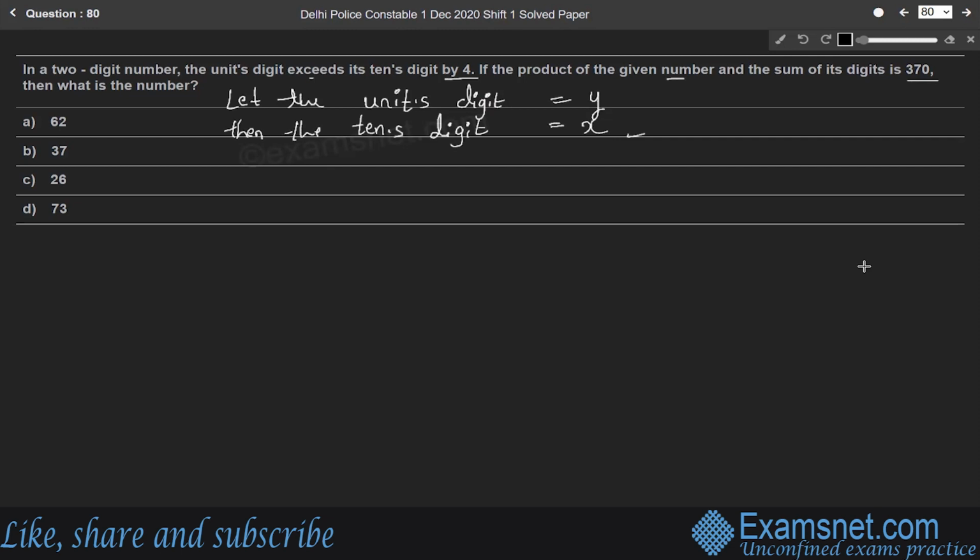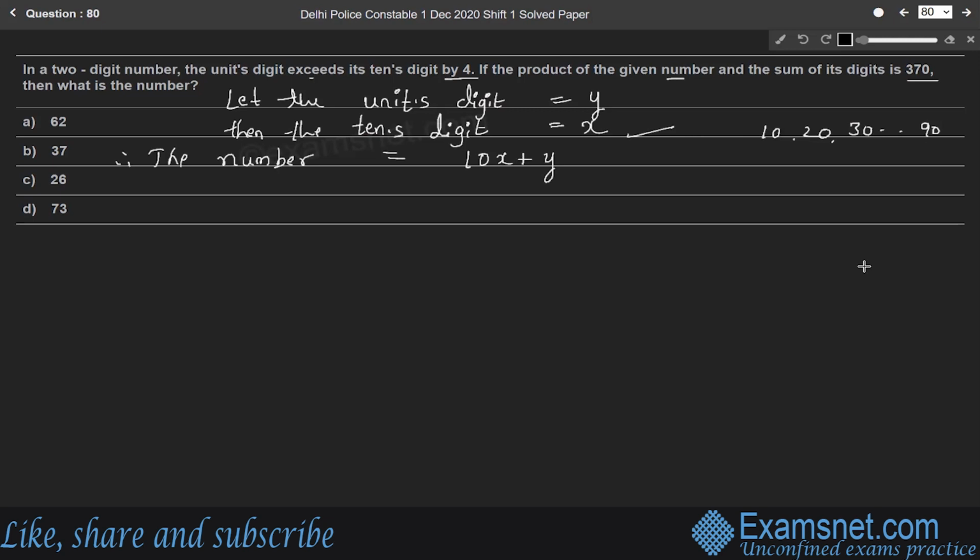If the tens digit is x, it should be a multiple of 10, so it can be 10 or 20 or 30 and so on, up to 90. Therefore, the number is equal to 10x plus the units digit, that is y, which ranges from 0 to 9.